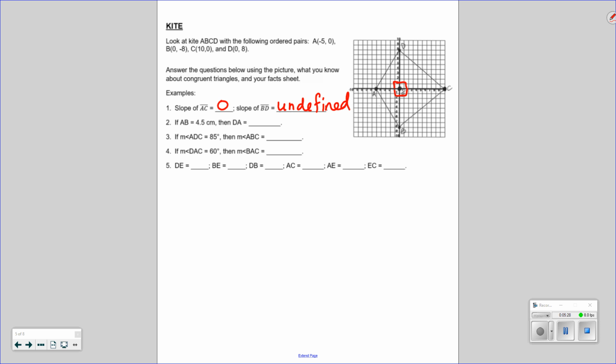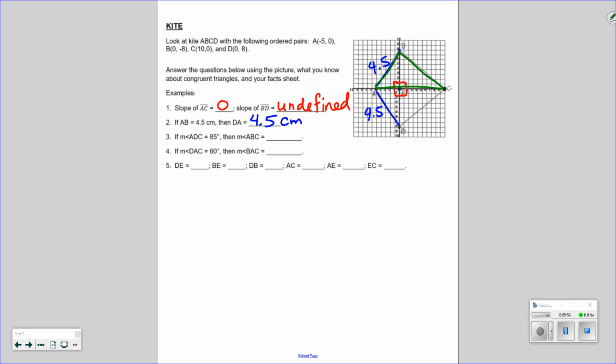Now, if AB is 4.5 centimeters, so here's AB, then the length of DA should also be 4.5 centimeters by definition. The definition of a kite is a trapezium with two distinct adjacent congruent sides. So those would be the two sides that are congruent. Well, let's take a look real quick at these two triangles.